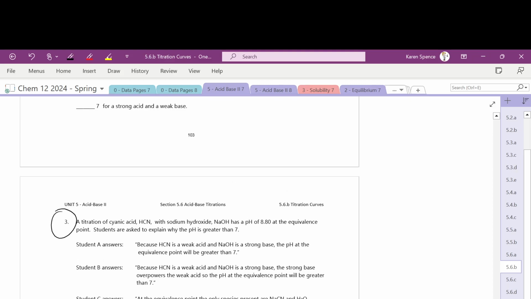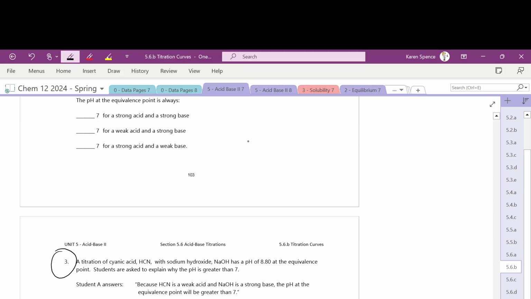So page 103, 104, number 1 and 3. Because it's a big review, you want to start on it today, as long as you don't have a test tomorrow or something. I understand if you do. Number 1 and 3, and start on the review.